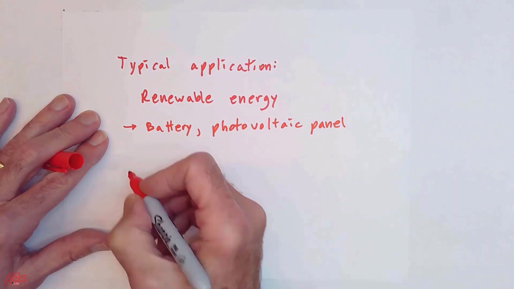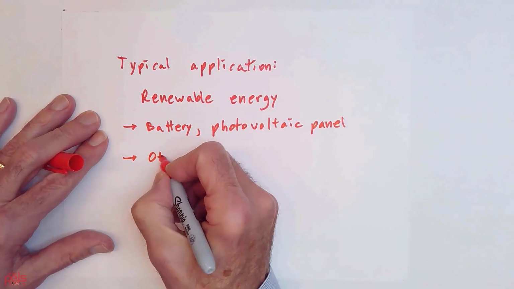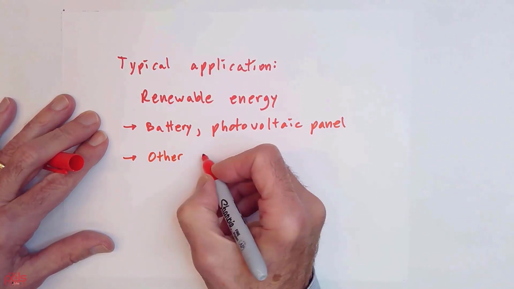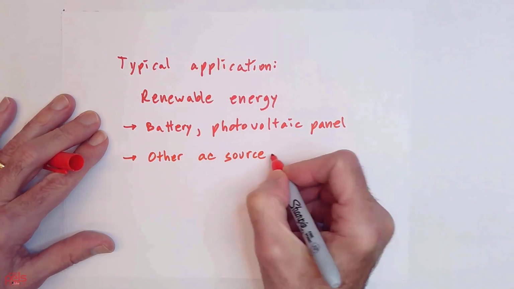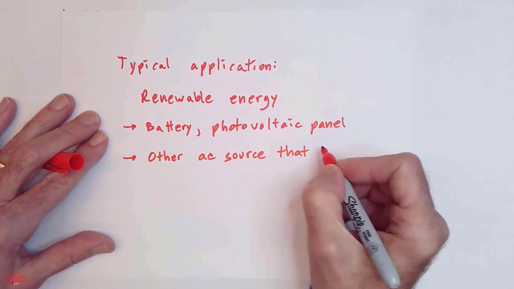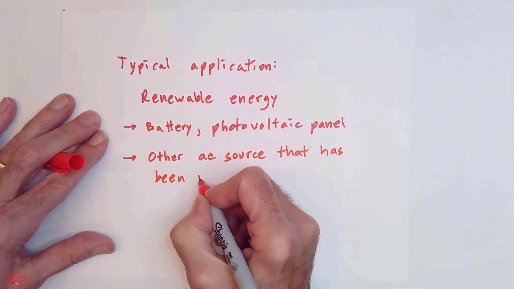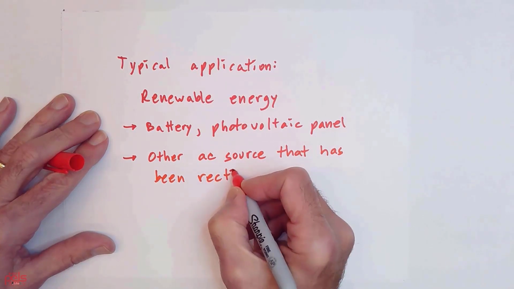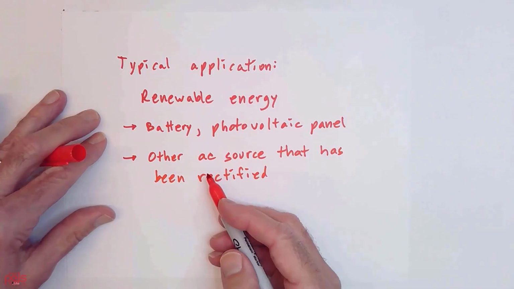or, and this is actually fairly common, some other AC source that has been processed through a rectifier. Now, that may sound a little bit redundant, but it's actually quite common.